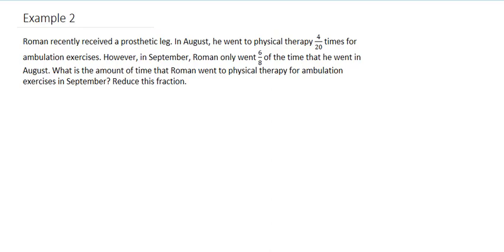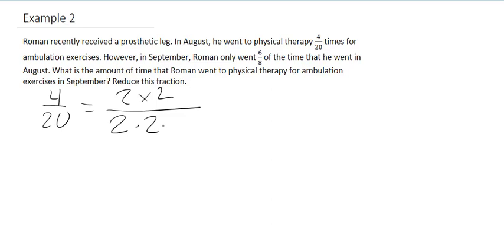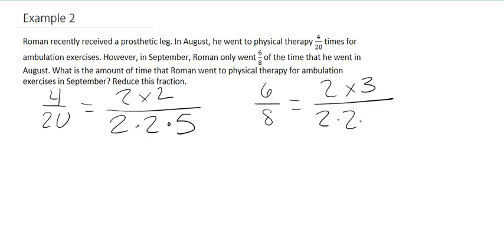So we're going to begin by rewriting our fraction as, for the 4 over 20, so it becomes 2 times 2, and then the 20 becomes 2 times 2 times 5. Then our second fraction becomes 2 times 3, and now 8 becomes 2 times 2 times 2.